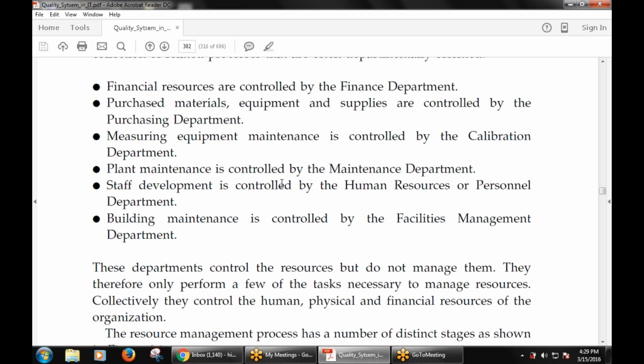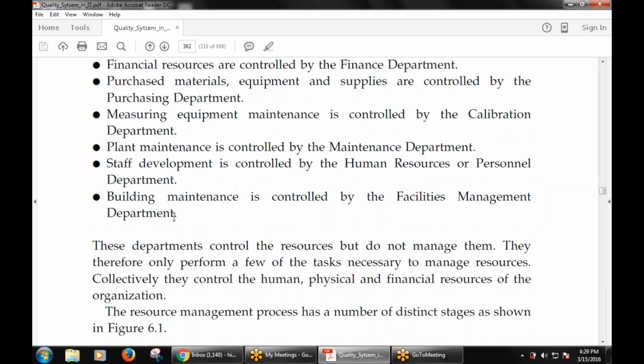Staff development is controlled by the human resources or personnel development department. This is one of the important aspects, human staff development. And building maintenance is controlled by the facilities management department.